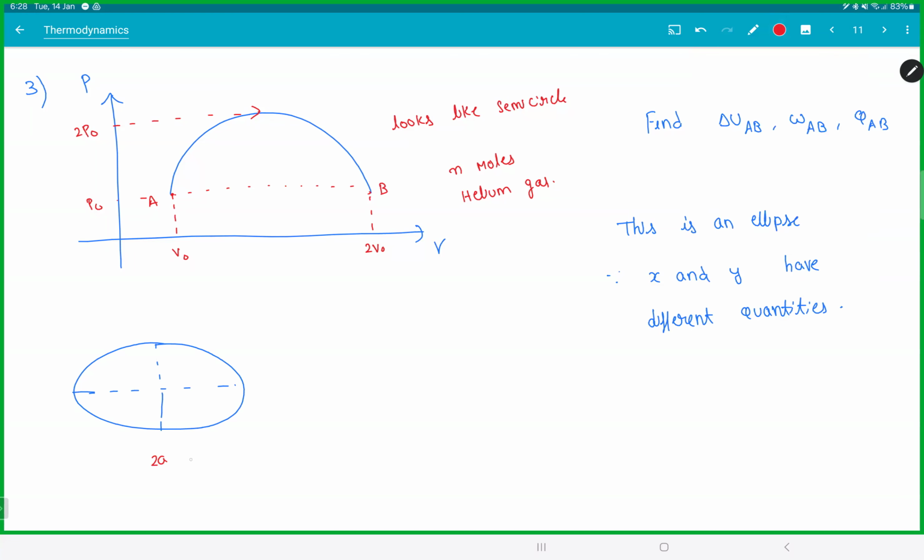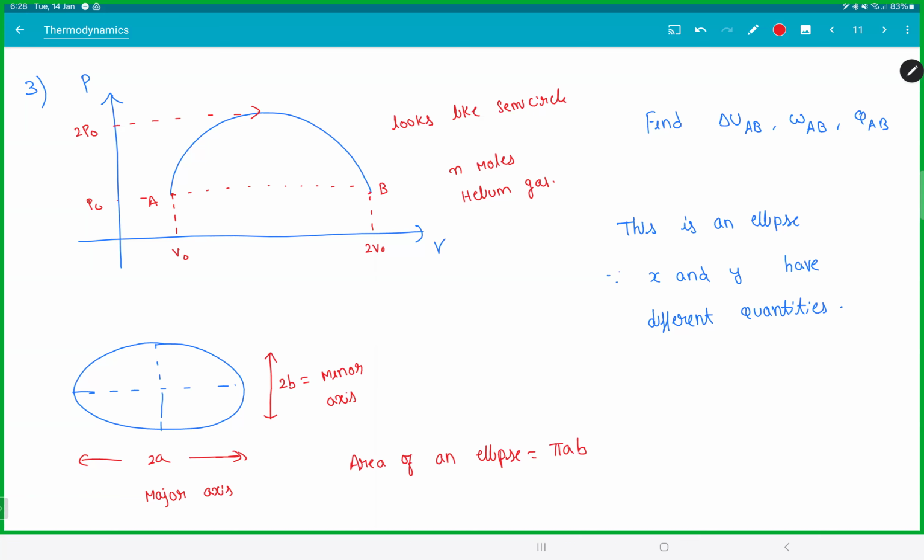this distance here 2a, this is called major axis. This is 2b, it's called minor axis, the smaller one. Area of an ellipse is pi ab.